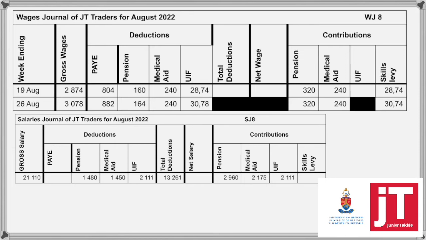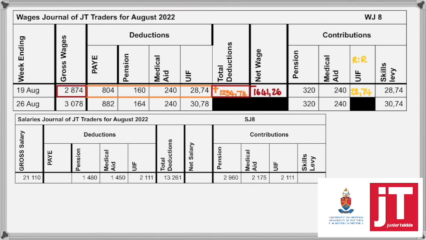Quite straightforward: add the 804, 160, 204 and the 28 Rand 74 together to get total deductions of 1,234 Rand and 74 cents. Then net wages is gross wage minus total deductions, which gives 1,641 Rand 26. The UIF deduction and contribution are Rand to Rand, so it's the same, 28 Rand 74.